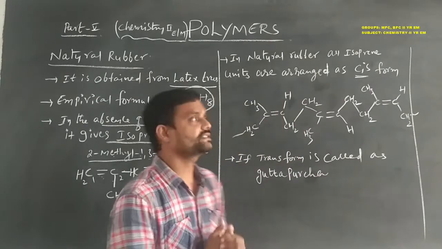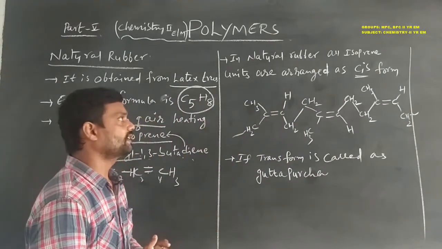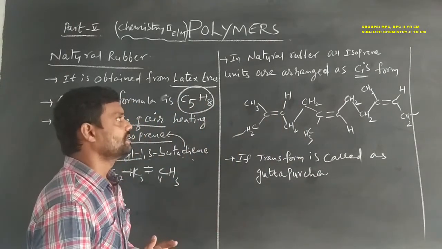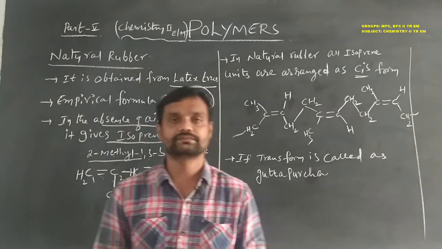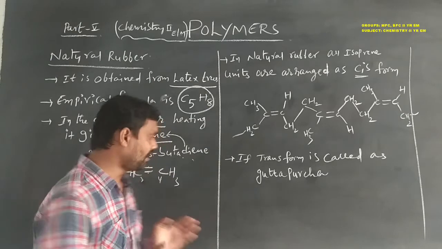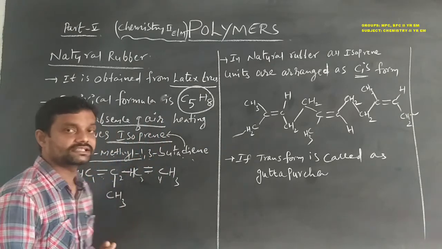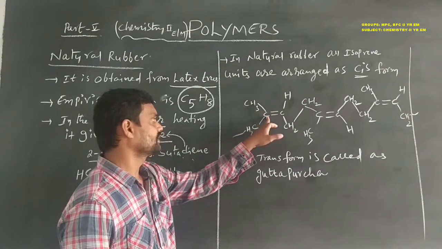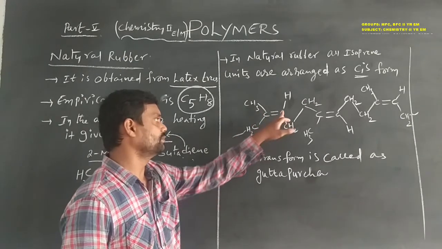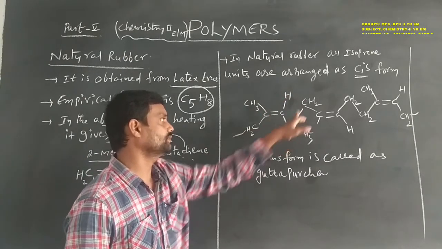When we observe the natural rubber, all the isoprene units are arranged in the cis form, just like this one: CH3, C, CH2 double bond, C, H, CH2.